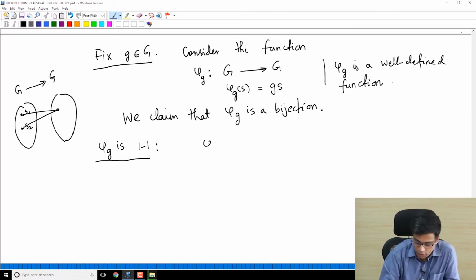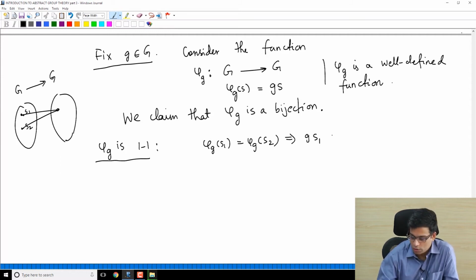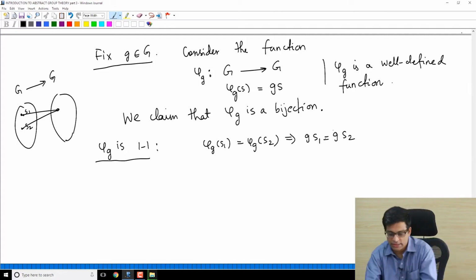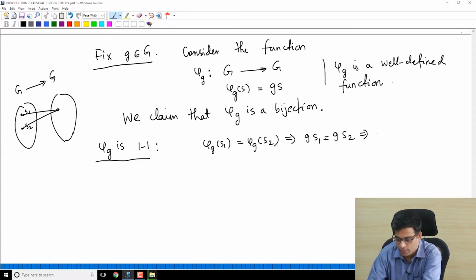So let's say phi g of s1 equals phi g of s2. Suppose that happens. This implies, what is phi g of s1? That is gs1. What is phi g of s2? That is gs2. gs1 is equal to gs2. Remember, g is an element of capital G, s1 is also an element of capital G, but s1 is being thought of as an element of the set G. So I am using small g to denote group element, small s1, small s2 to denote the elements of capital G when it's being considered as a set. gs1 equals gs2, but this is a product in the group.